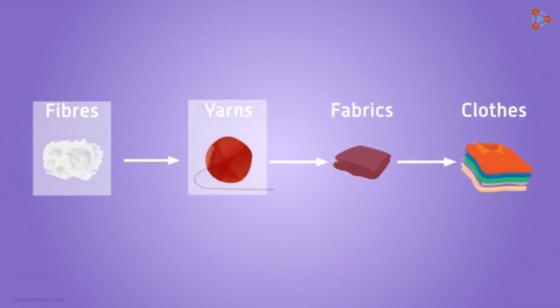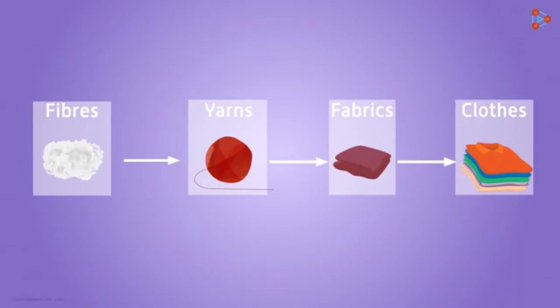These yarns are then woven into fabrics, which are used to make stitched clothes for us. Simple, isn't it? So in order to learn about fabrics, we need to understand the types of fibers first.